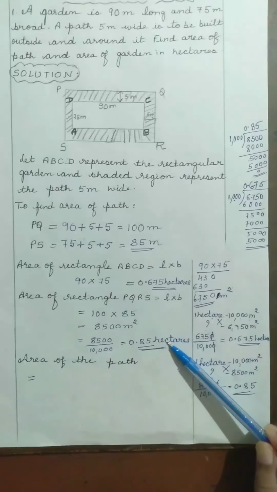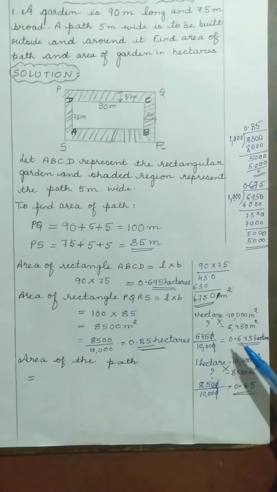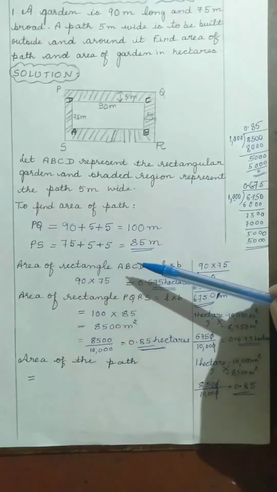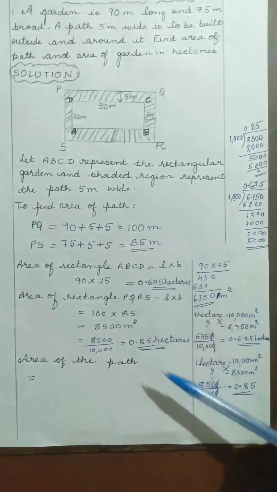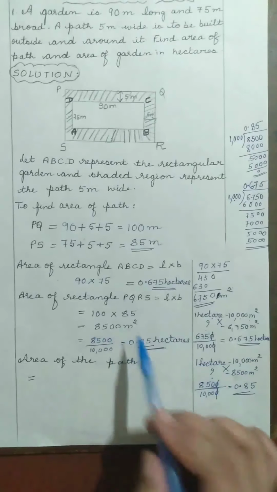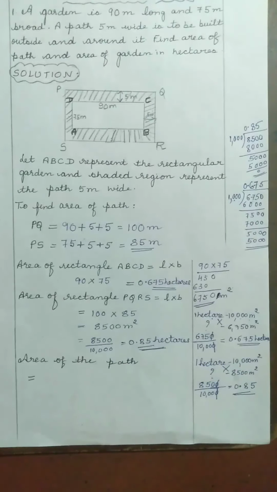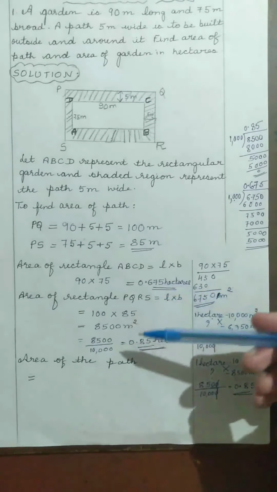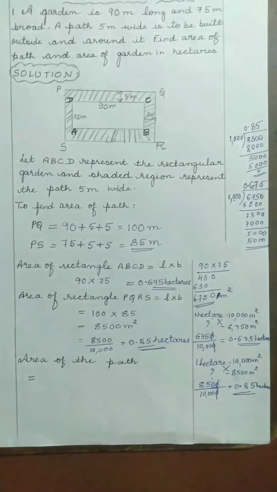So 0.675 hectares for the area of the rectangle ABCD and 0.85 hectares for the area of the rectangle PQRS. So from meters square we have converted into hectares.